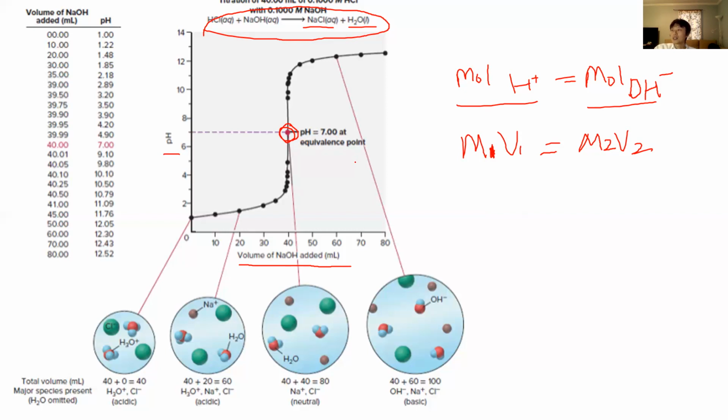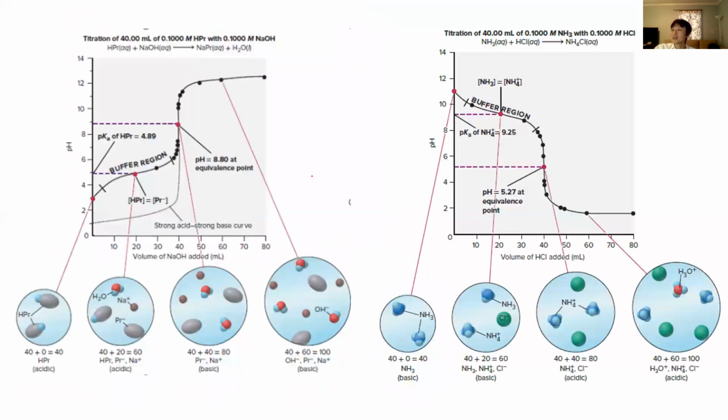For a weak acid with strong base, or weak base with strong acid, the pattern looks similar, but there are some differences. The major difference is that when you start with a weak acid or weak base, you generate a buffer system before the equivalence point is reached.